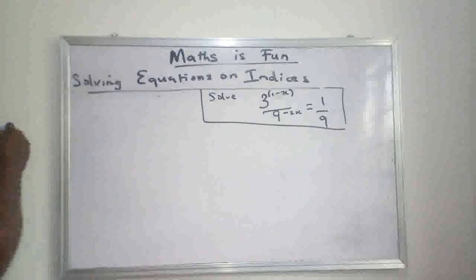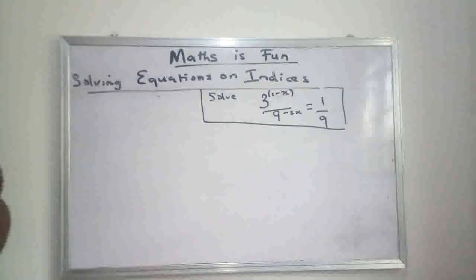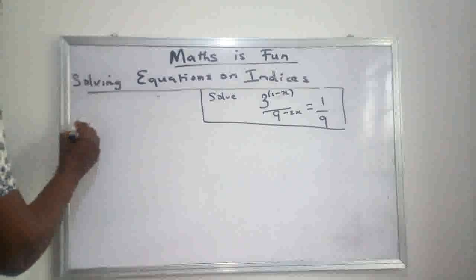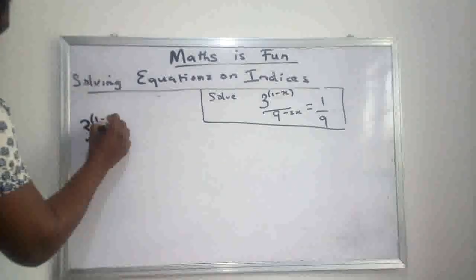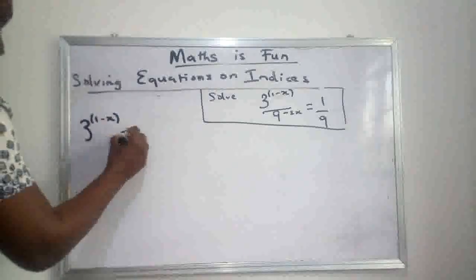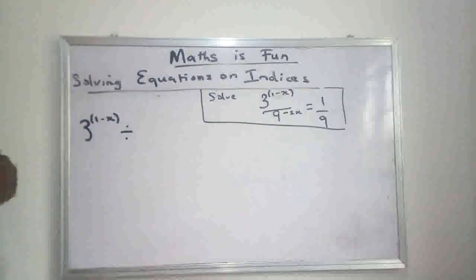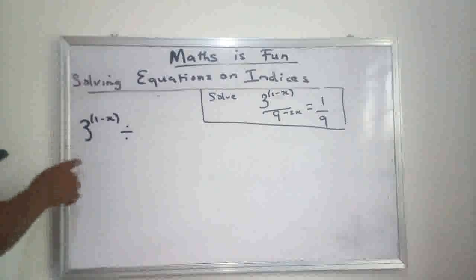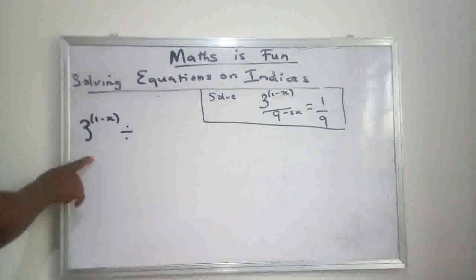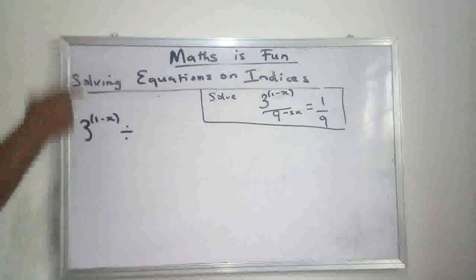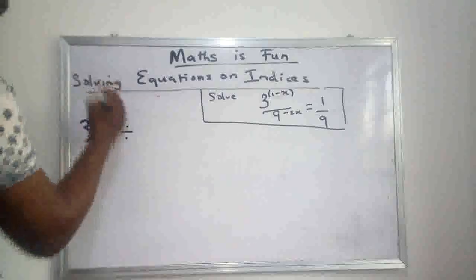So let's quickly rewrite this question. It says 3 raised to the power 1 minus x divided by 9 raised to the power minus 2x. So 9, for it to be a similar base with this, 3 raised to the power 2 gives us 9. That's 3 times 3 gives us 9. So let's rewrite that.